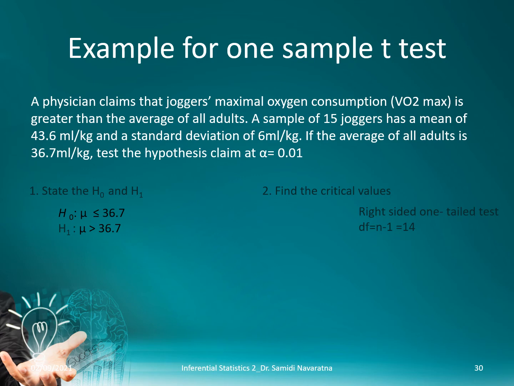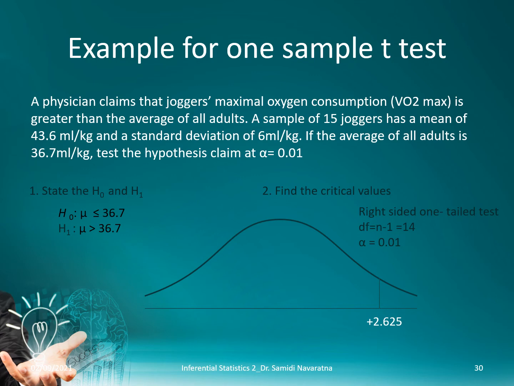So the next step is to find the critical values, you need to refer to a t-table. So this is the null distribution, and the value from the t-table corresponding to alpha level of 0.01 and degrees of freedom 14 is 2.625.